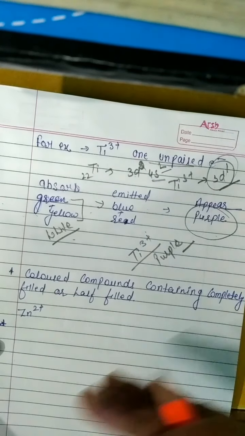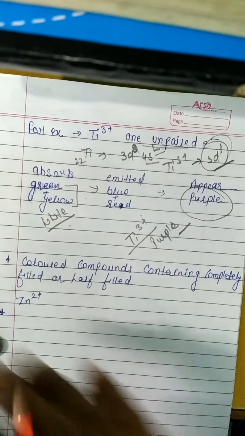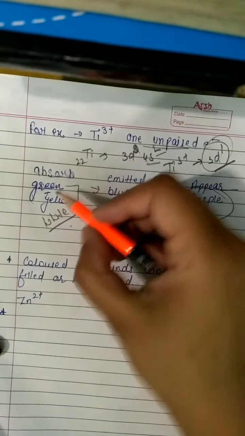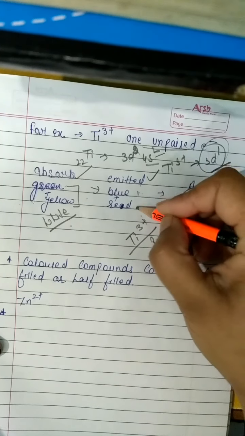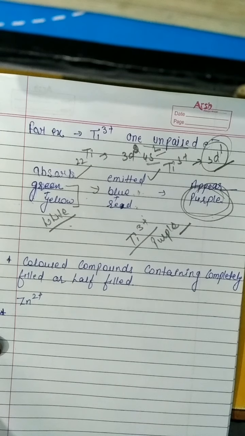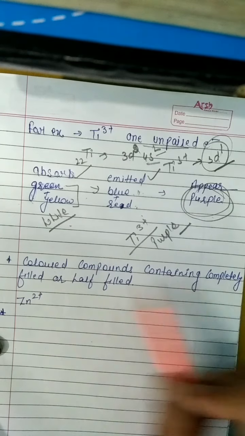Other d block elements show color in this way. They absorb different colors and emit different colors. The combination of blue and red gives purple, which is called complementary colors.